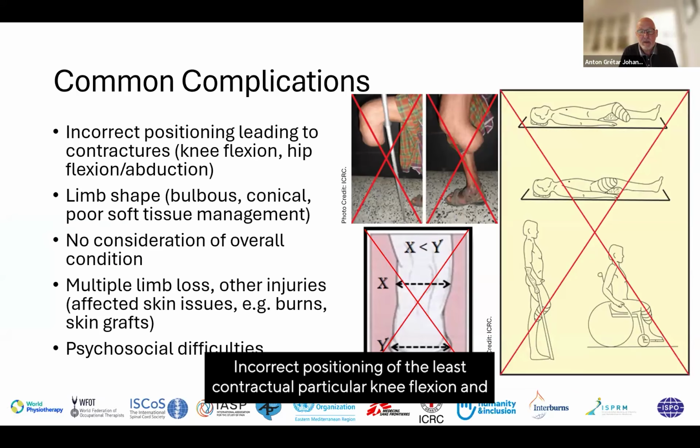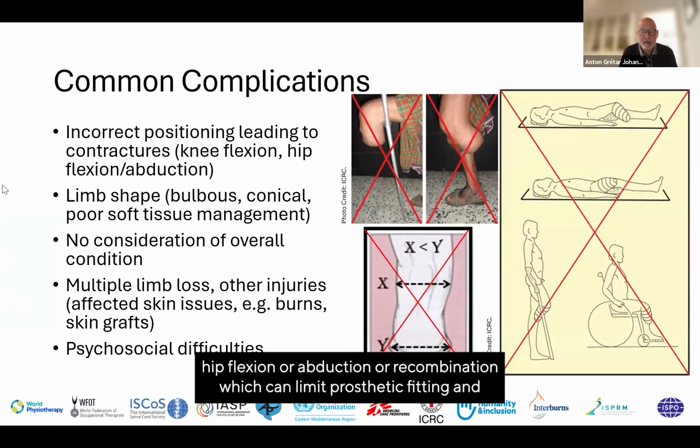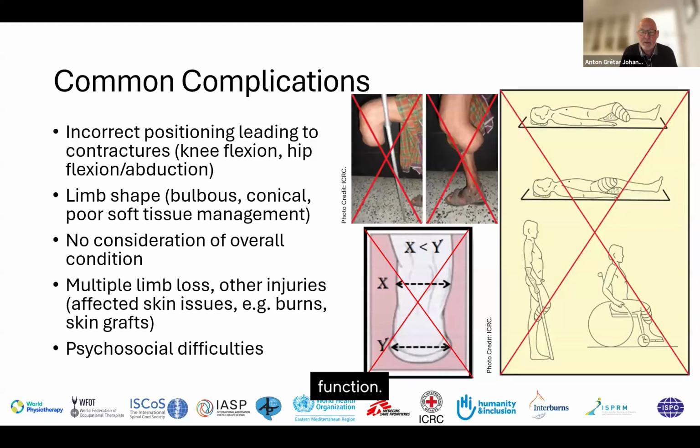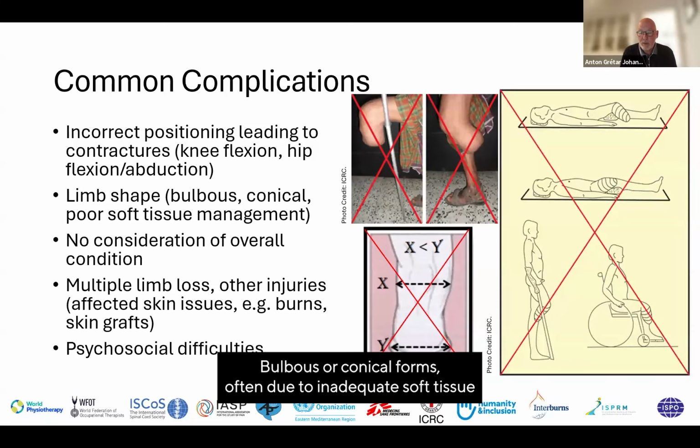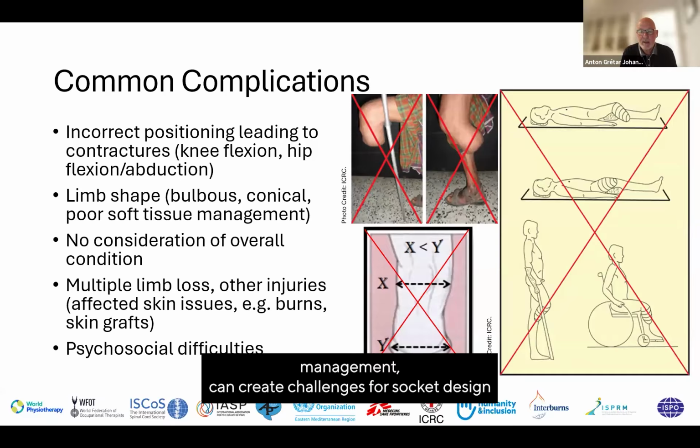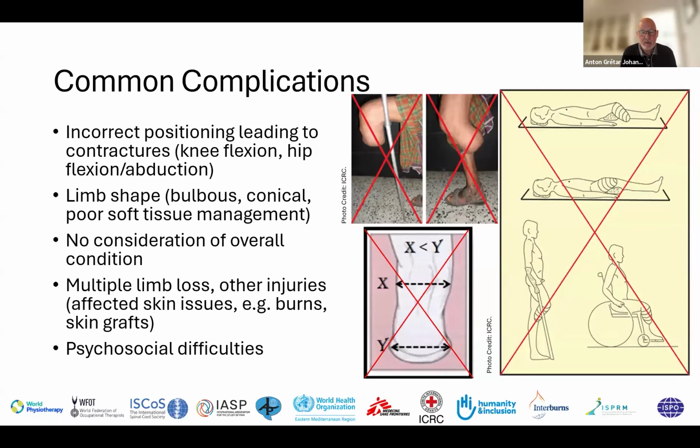Incorrect positioning often leads to contracture, particularly knee flexion and hip flexion or abduction, or the combination, which can limit prosthetic fitting and function. The shape of the residual limb is also critical. Bulbous or conical forms, often due to inadequate soft tissue management, can create challenges for socket design and comfort.